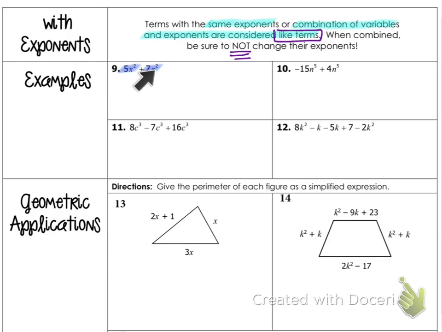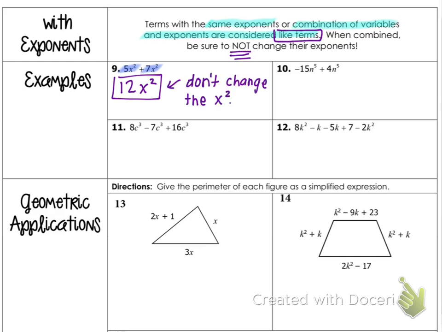When we add them together, we don't make it x to the 4th, because in the same way, when we add something like 5x plus 7x, isn't that just 12x, right? Did we say x squared when we add them? No, we just keep the x's. 5x plus 7x equals 12x. That's all we do. We do the same thing with x squared. So if we have 5x squared plus 7x squared, that's going to be 12x squared.